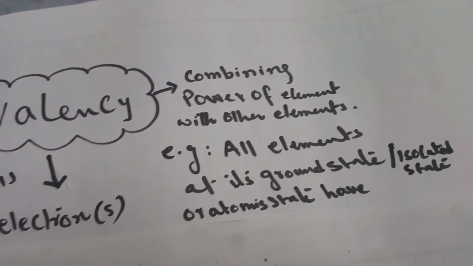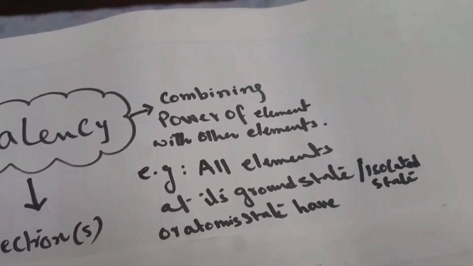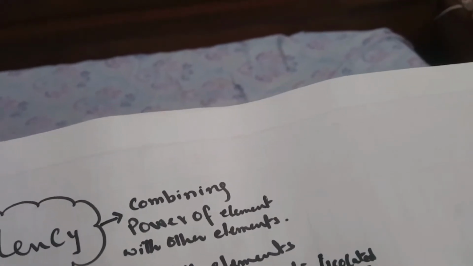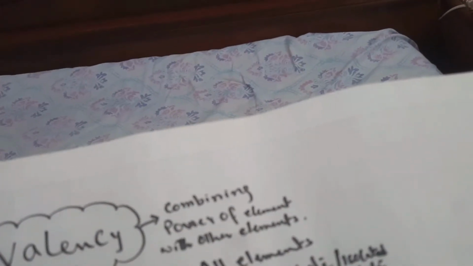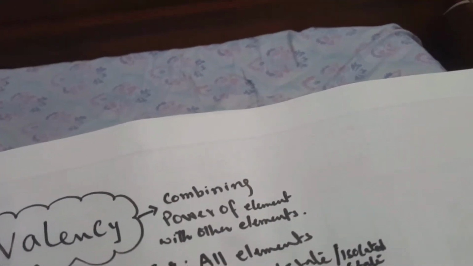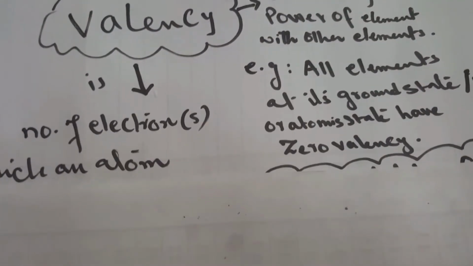So students have a query about what is valency, what we mean by combining power. Actually, all elements in the ground state, or you can say isolated state or atomic state, have zero valency, right?